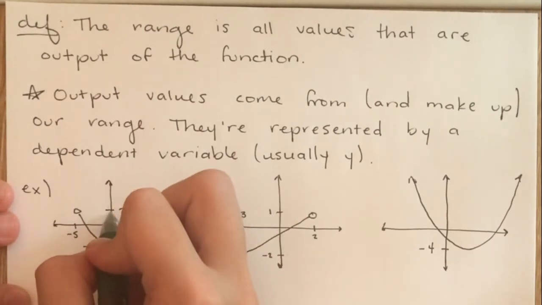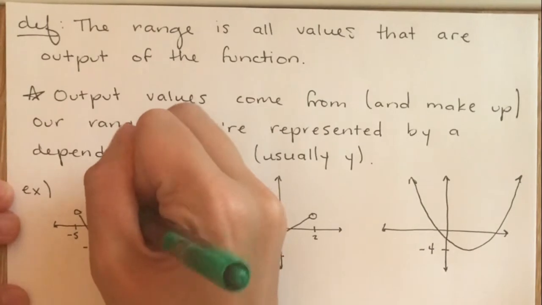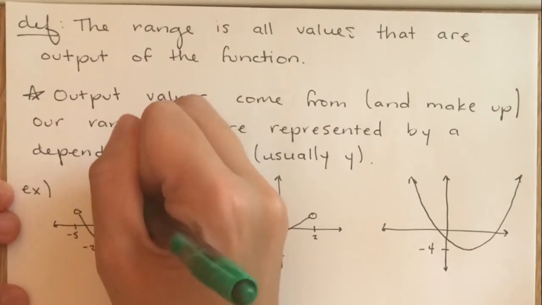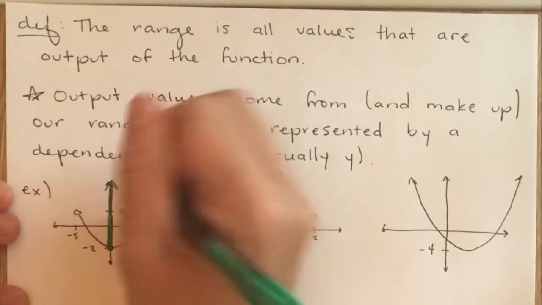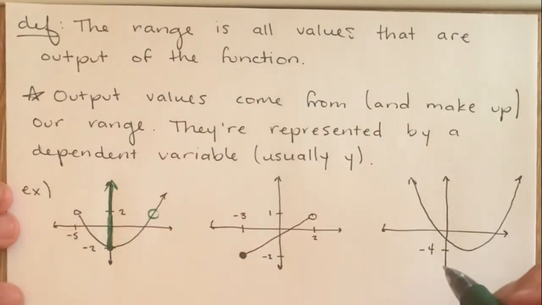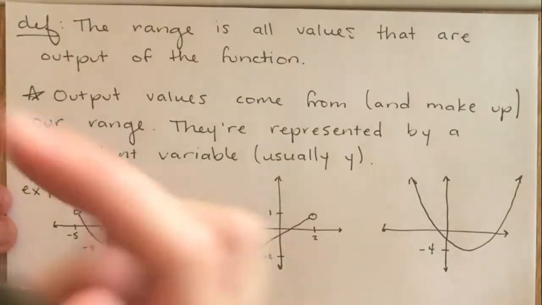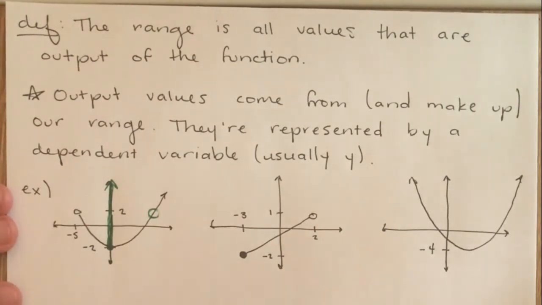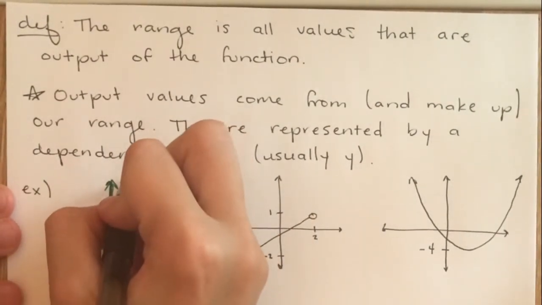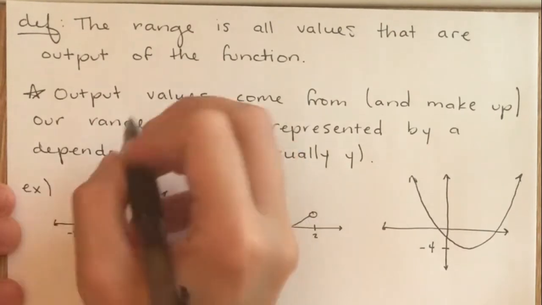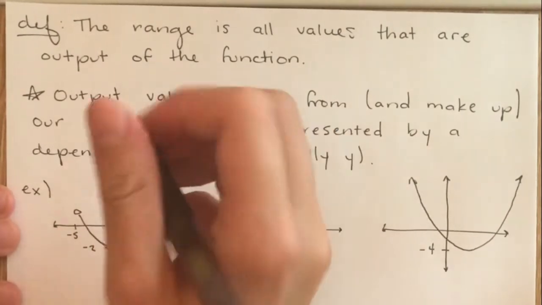So 2 actually is included, and we continue all the way to infinity. The function is going up forever, so we are continuing. This is our range. It continues up.